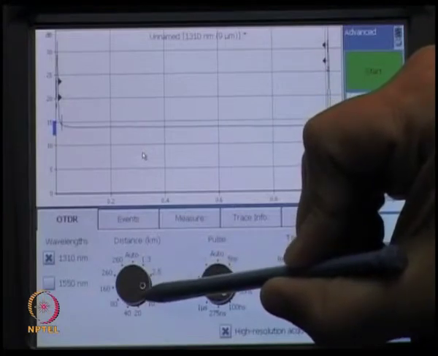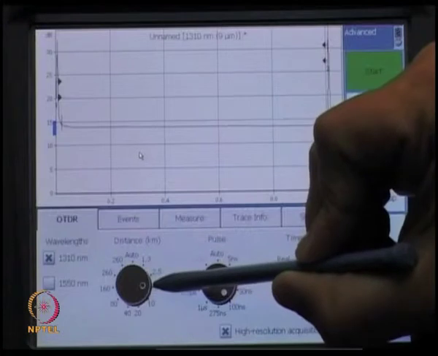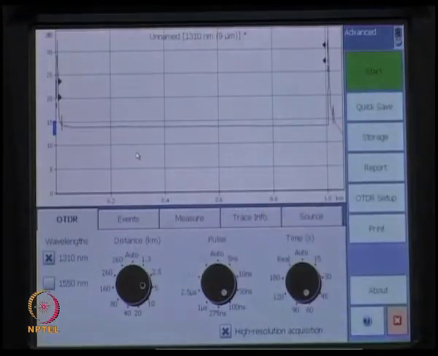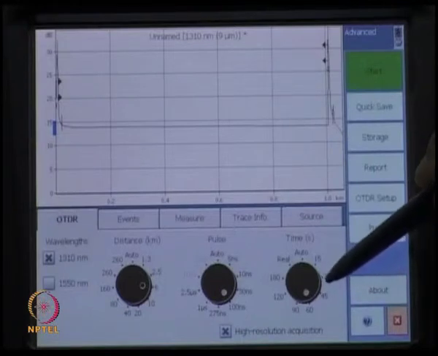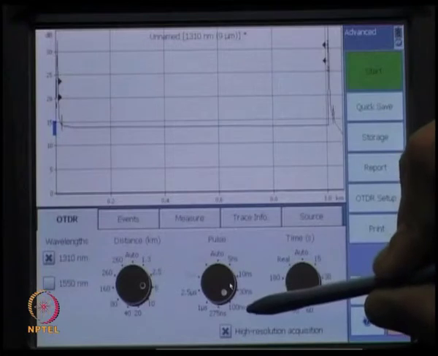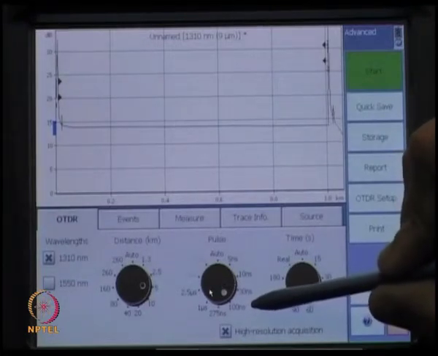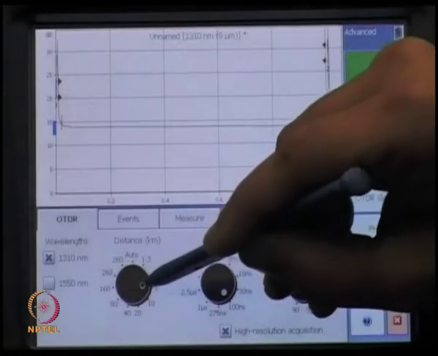Distance we have to increase now, because there was one spool of fiber which was 4 kilometers, the other one was 2 kilometers. You can set the pulse width, which essentially decides the resolution of the faults on optical fiber.